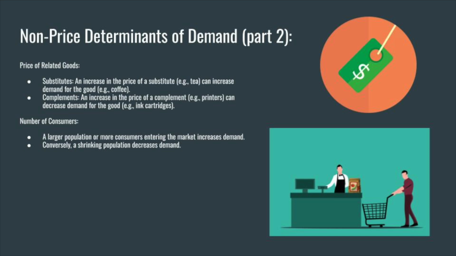Complements: an increase in the price of a complementary good, e.g., printers versus ink cartridges, can decrease demand for the good in question. 5. Number of consumers. A growing population or a rise in the number of consumers in a market naturally increases the demand for goods. These factors shift the demand curve to the right, an increase in demand, or to the left, a decrease in demand, altering the quantity demanded at every price level.